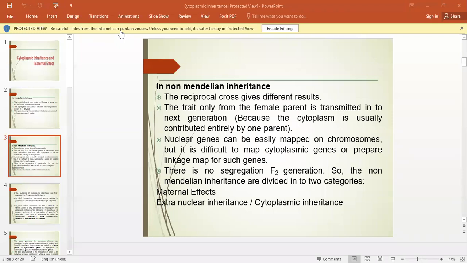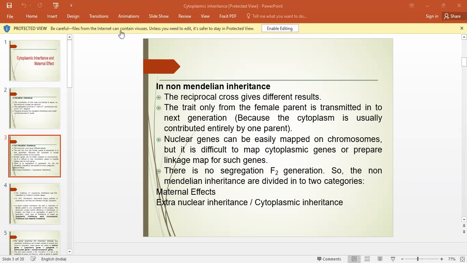Third rule is that the chromosomal gene, or your chromosome which is present in the nucleus, you can map by using karyotyping. We have learned what the aim of karyotyping is: just to observe your DNA or the chromosomes present in the nucleus, so you can map that DNA or chromosome.